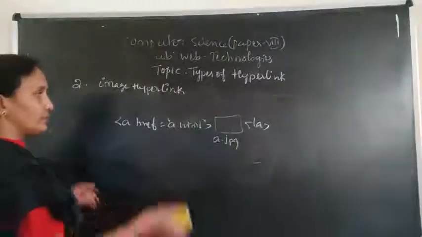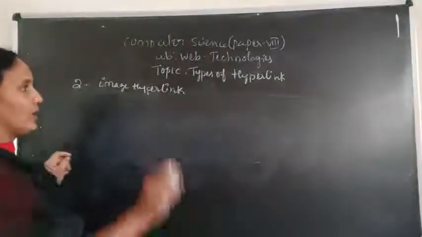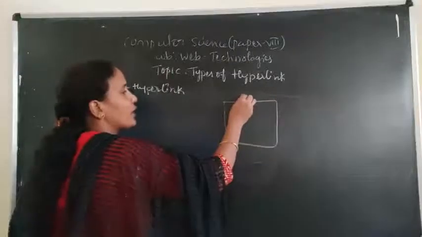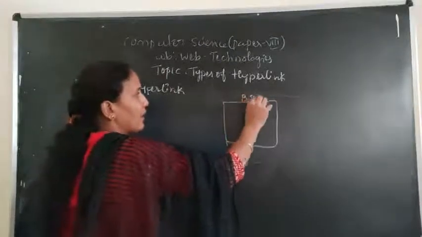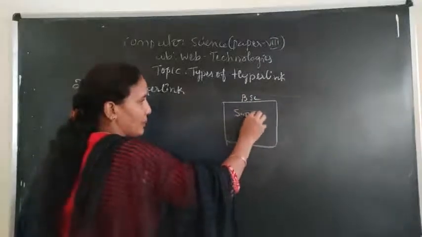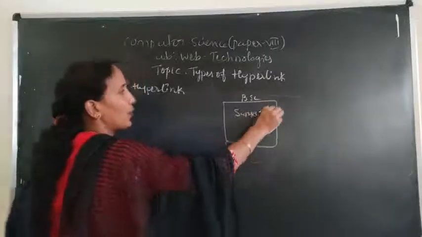Okay, so here, for example, I will give you one folder. This folder name is BSU. In the BSU folder, we have a sunset.jpg. That picture is in this folder only.